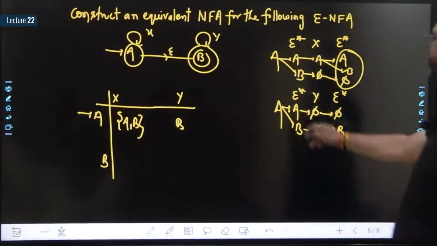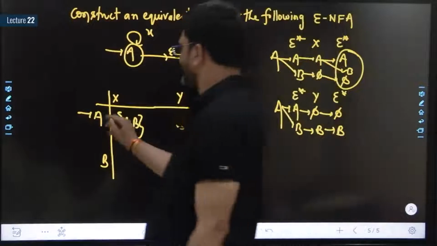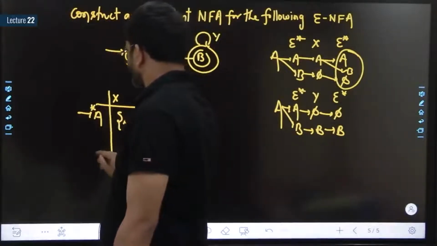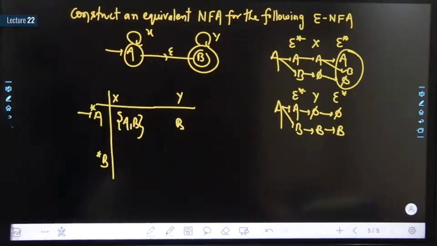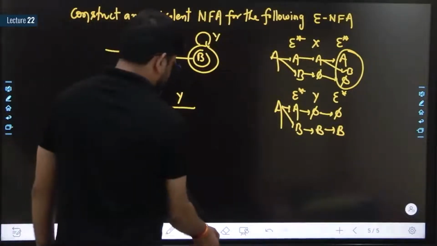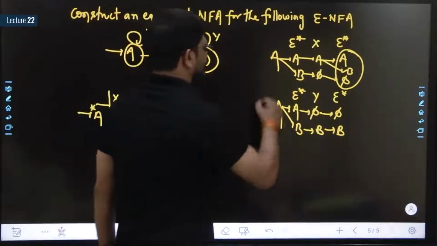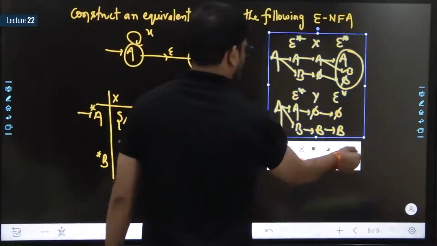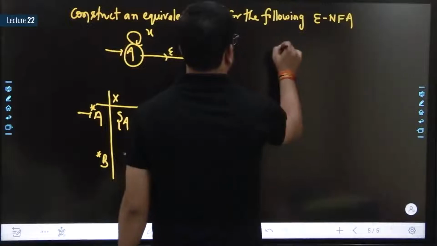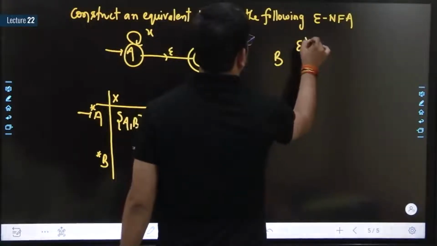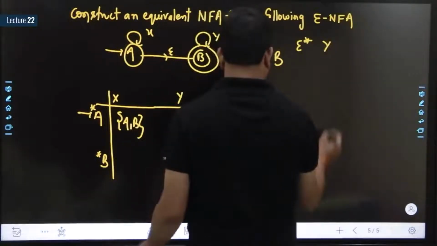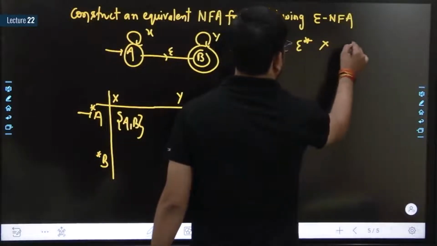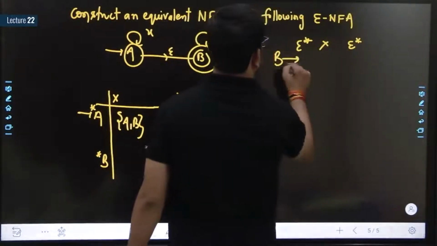What is the epsilon closure of A, B? It means A is the final state. B is also final. Clear? Next, find out the transition on B. B, epsilon closure on Y. Sorry, X. What is the epsilon closure of B?